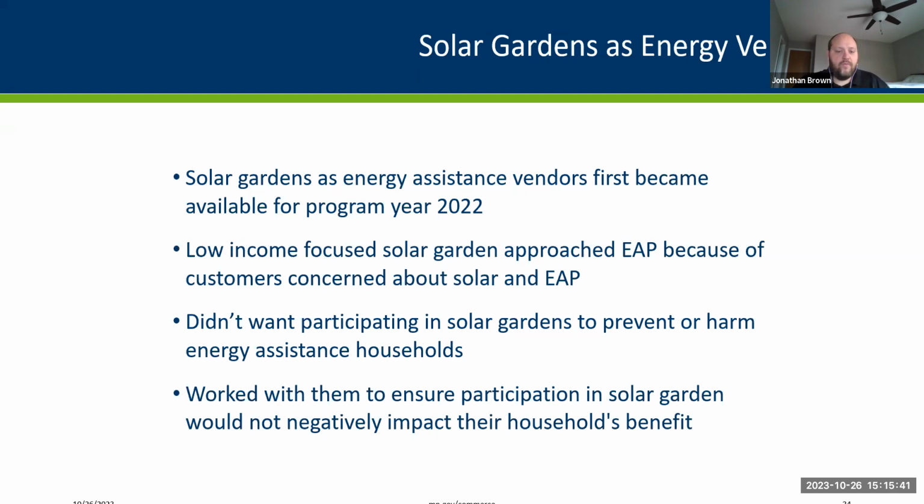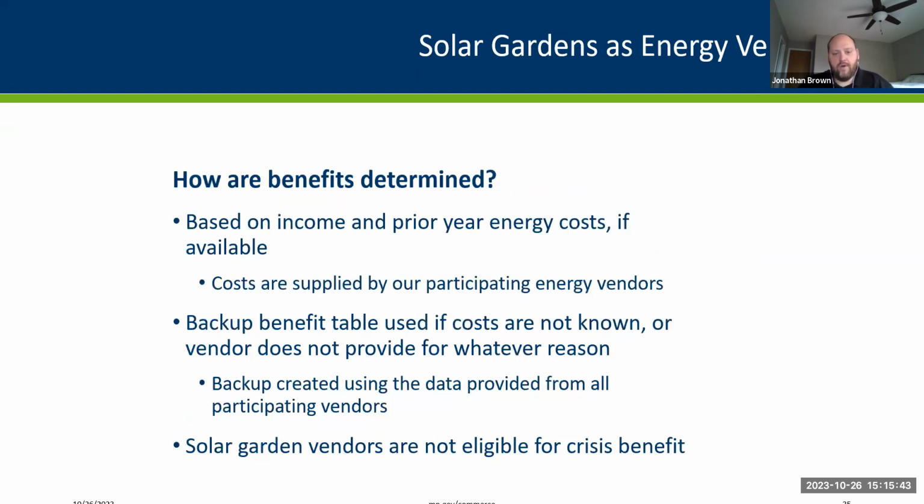So if you can go to the next slide, I just kind of want to set the table to help people understand how it works in Minnesota. Obviously not every LIHEAP program is the same. And so I think it's beneficial to have the background on how our benefits are determined and what benefits they can get. So we base our benefits for our households off of their income and their prior year's energy costs, if available, and those costs are supplied to us from all the participating energy vendors.